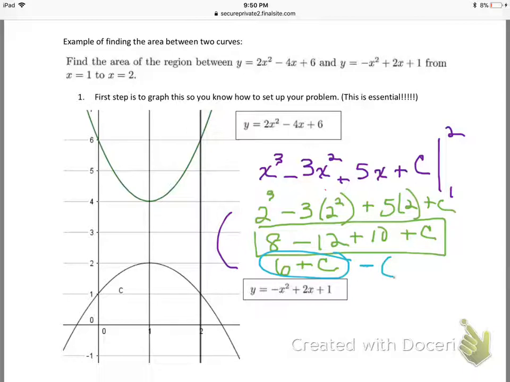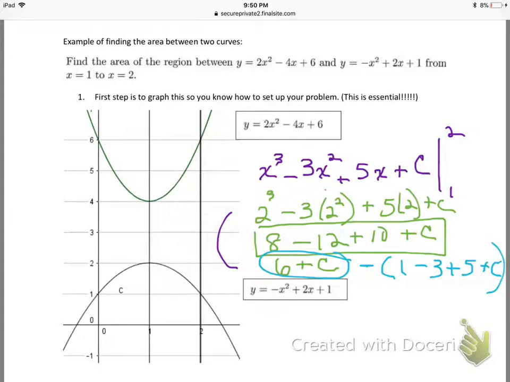I'm going to use my parens again. Plug a 1. 1 to the third is just 1. Minus 3 x squared, so that's going to be minus 3, and then plus a 5 and plus a c.